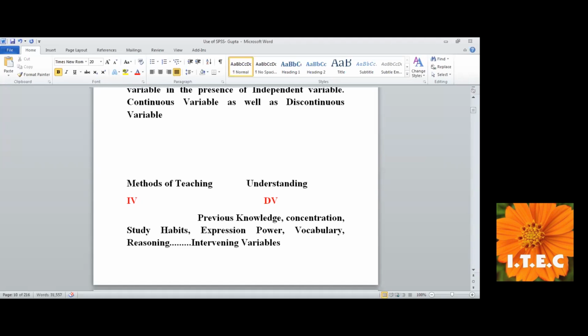Methods of teaching is a discontinuous variable, understanding is a continuous variable, and your intervening variables, some are continuous and some are discontinuous. So I have already given you.